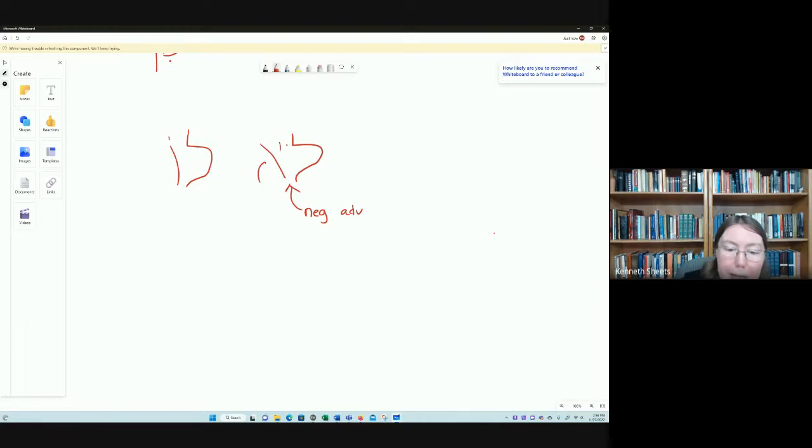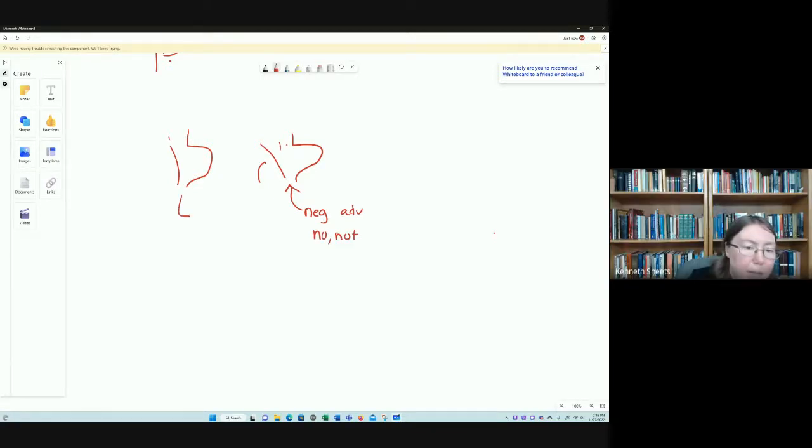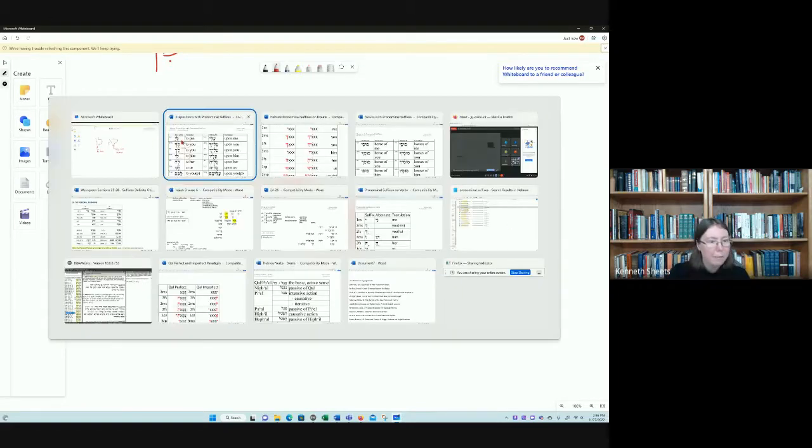We would translate it as "no" or "not." But the Lameth with just the holem waw, that is going to be the Lameth preposition with the pronominal suffix third masculine singular. So "to him." And that is just something to be aware of as we're taking a look at this, that they sound alike to our ears, but the meaning is very different. So be mindful of the presence or the absence of that aleph there.